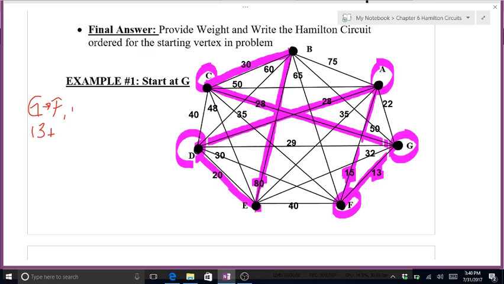F goes to A then, and F to A is 15. A goes to D then, so G to F to A to D, that is a weight of 28.